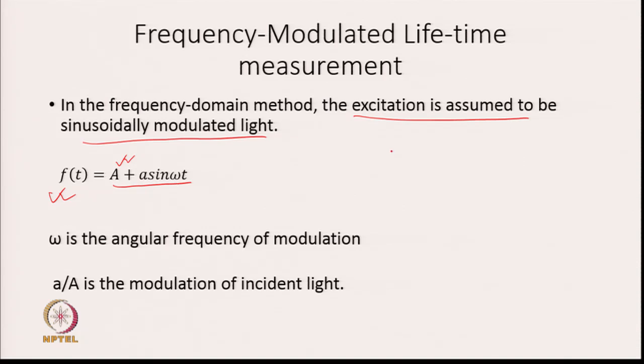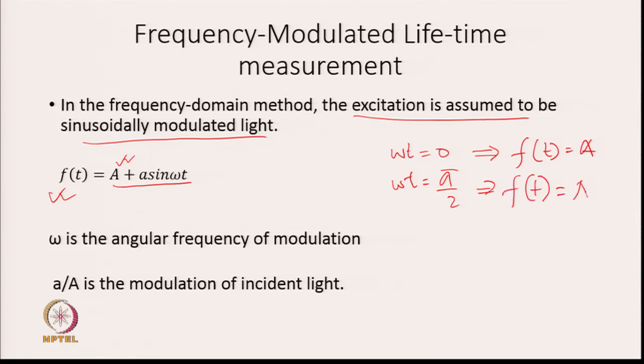So, when ωt is equal to 0, then f(t) is equal to A, because the sin term will be 0. When ωt is equal to π/2, then f(t) is equal to A plus a.